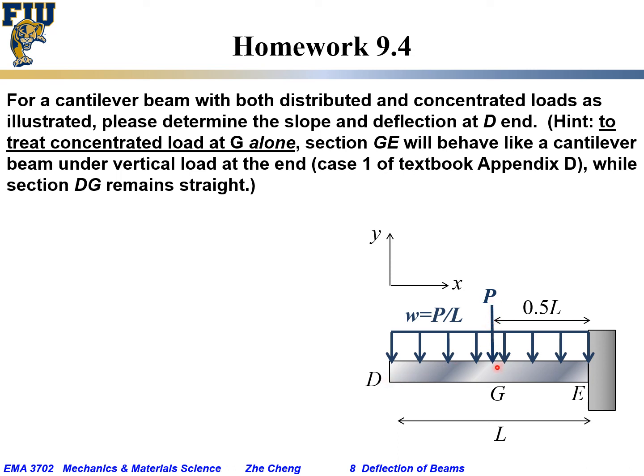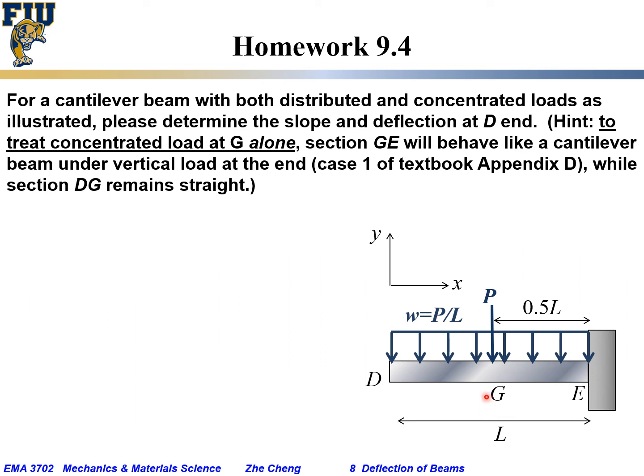One is a concentrated load, one is a distributed load. The concentrated load is applied at the midpoint of the cantilever beam, while the distributed load is applied throughout the beam, uniformly distributed.